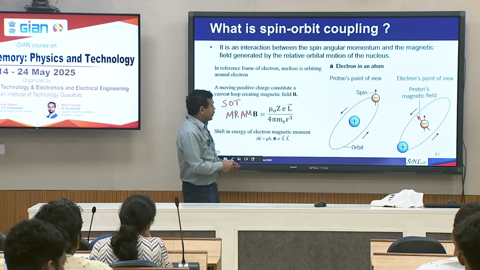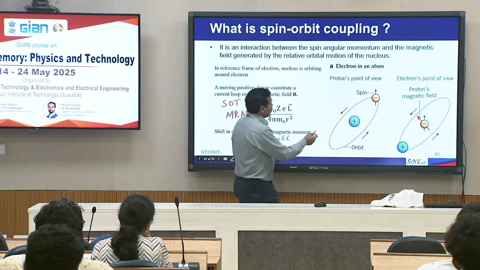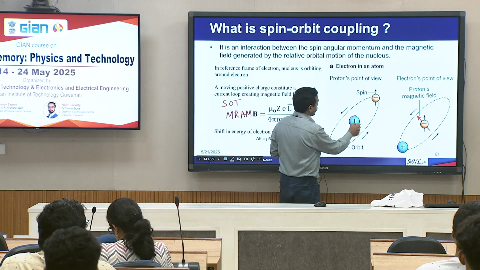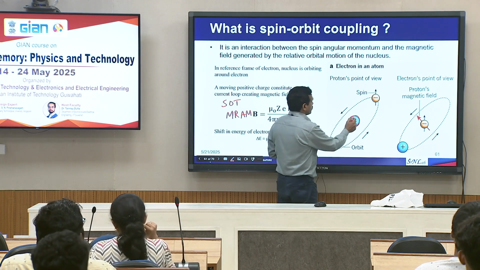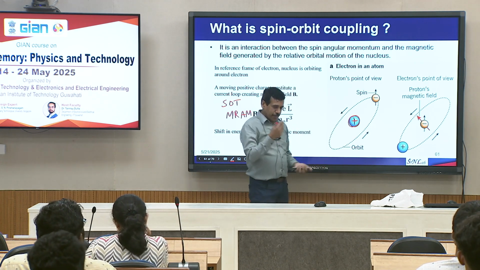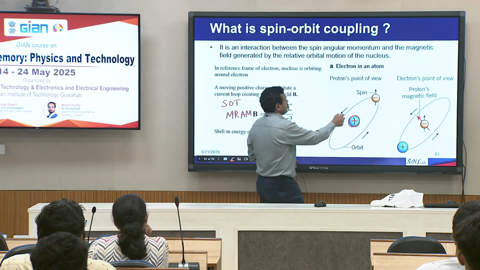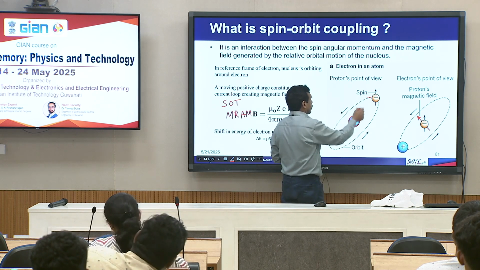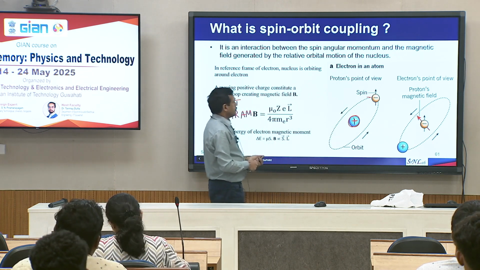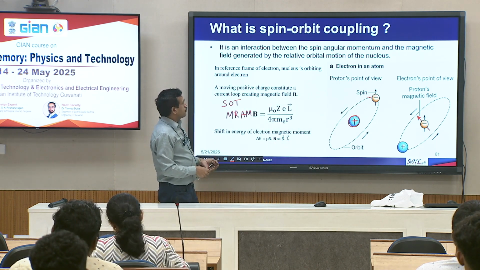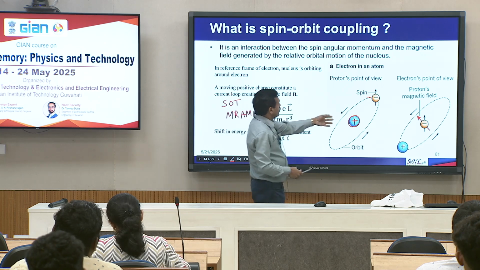So, let us look at what happens. So, you have a certain nucleus. So, the nucleus has protons, so it has a positive charge and the electrons are orbiting around. Okay. So, this is from the proton's point of view.